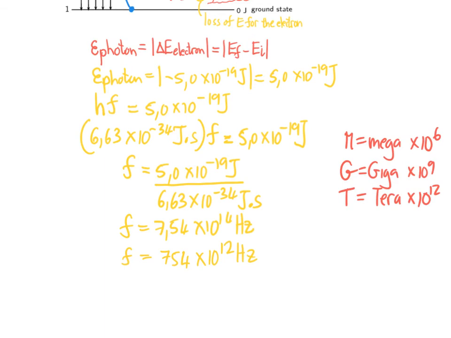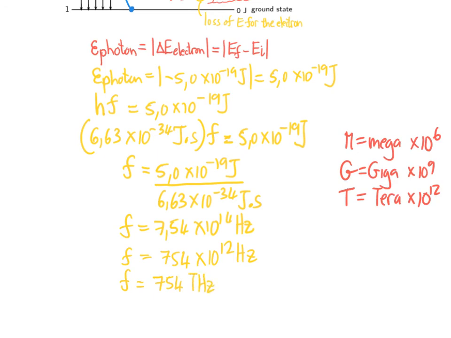So what we've done is we've moved the comma 2 places to the right, which means we've made this number bigger by an order of magnitude of 2, in other words by 10 to the 2. So we need to reduce this by 2 orders of magnitude, so we make that 10 to the 12. Now 10 to the 12 is the equivalent of terahertz, and so the frequency is equal to 754 terahertz.